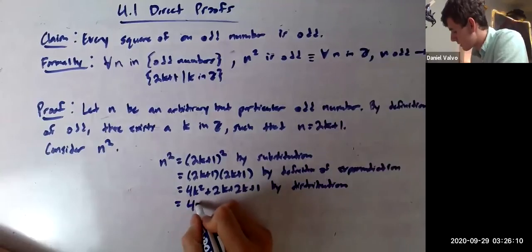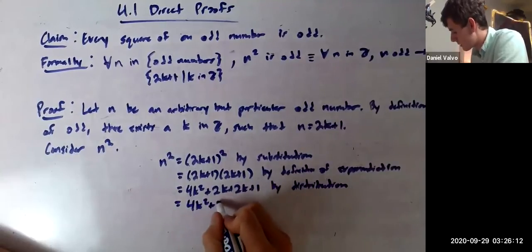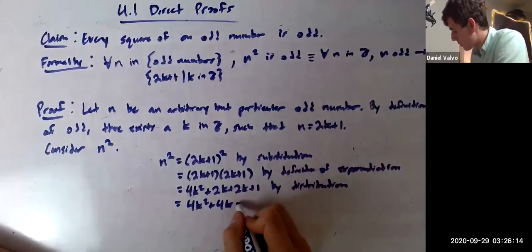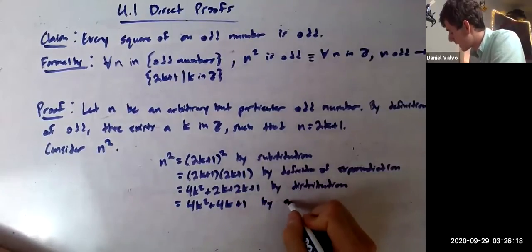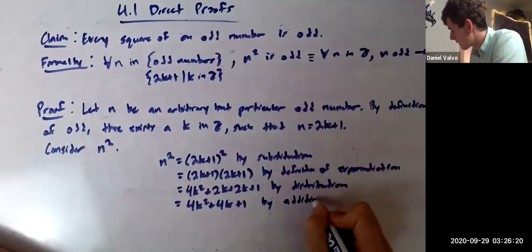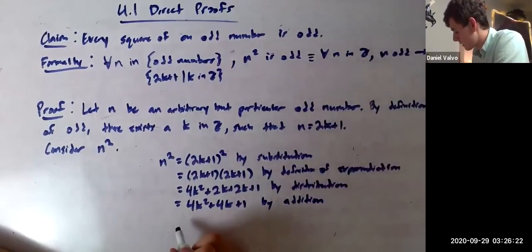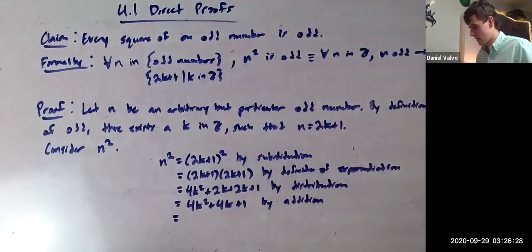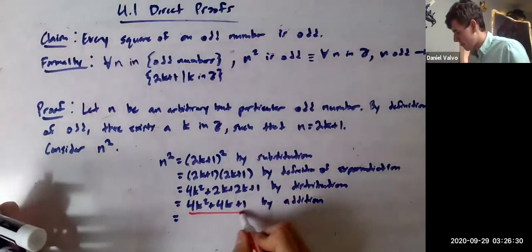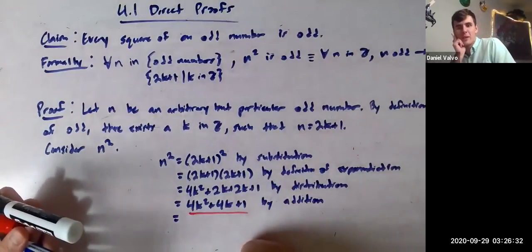Which is 4k squared plus 4k plus 1 by addition. Does this number look odd to anybody?